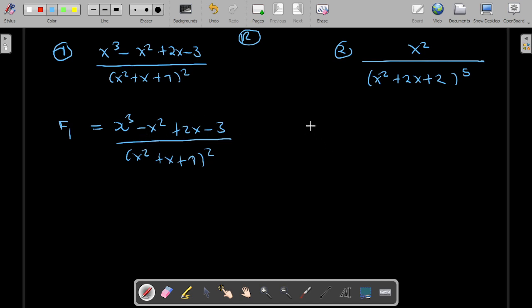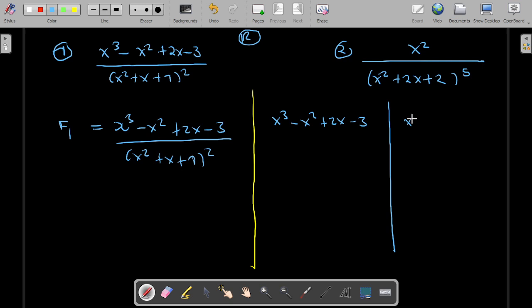So here, we're just going to separate the rational fraction from our overall solution. So what we want to do is to try and perform the Euclidean division between the polynomials, between x to the power 3 minus x squared plus 2x minus 3 and x squared plus x plus 1, like so.